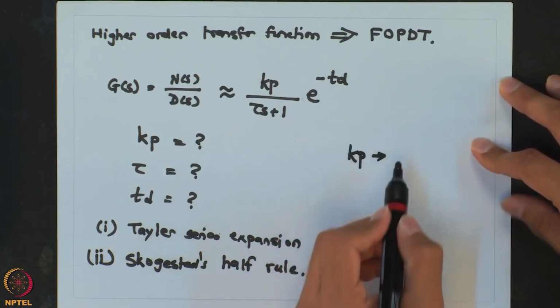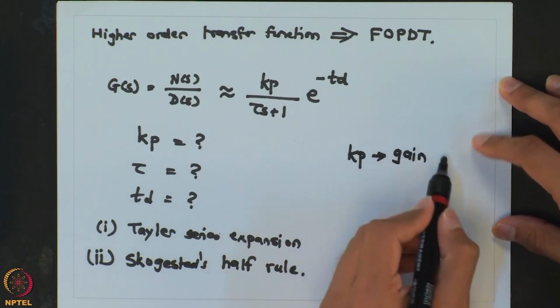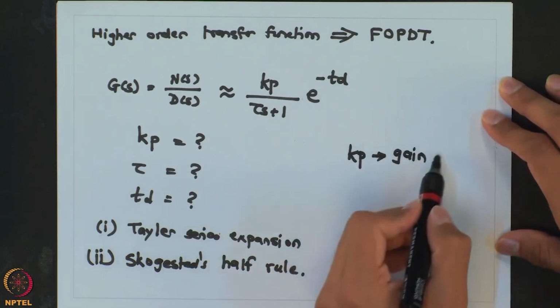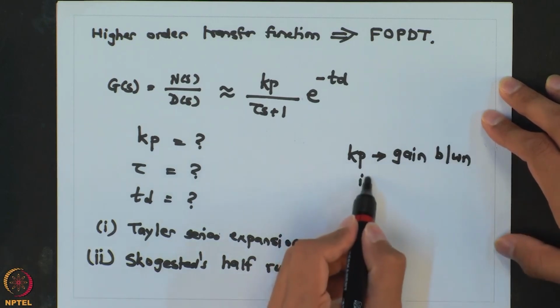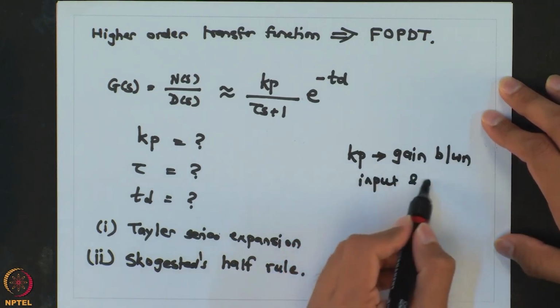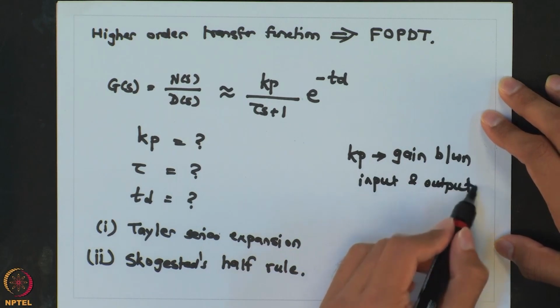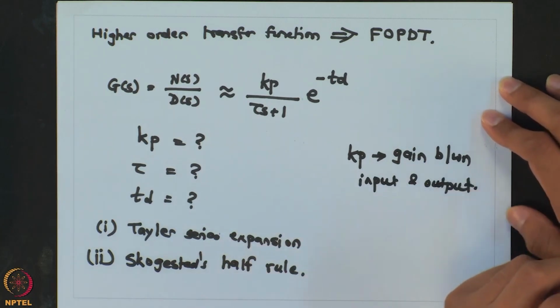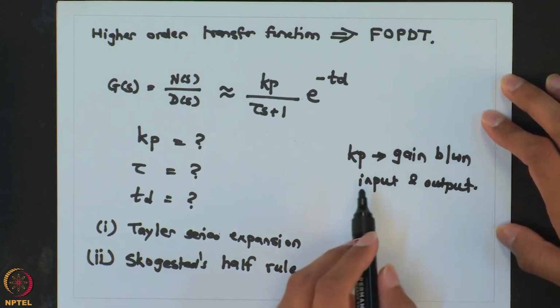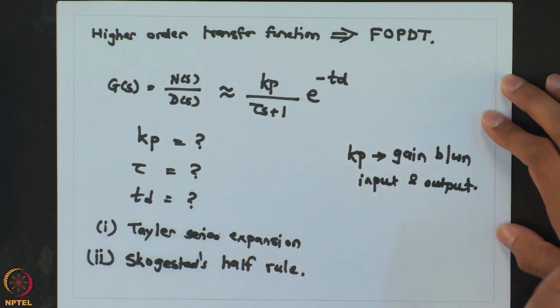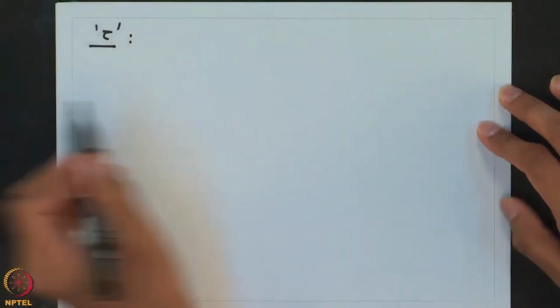So Kp is the gain between input and output. For the given transfer function, whatever is the gain between input and output, the same gain would get transferred to the final approximate form. The second term is how do we get tau.